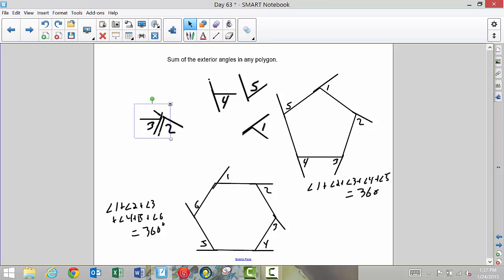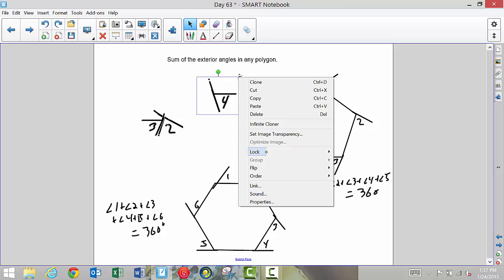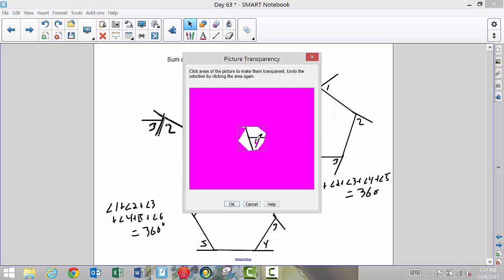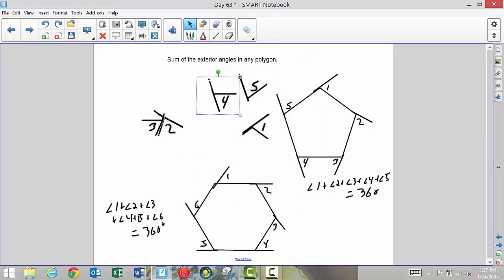So there we go. There's angle 2 and 3. Here's angle 4. Here's 5.